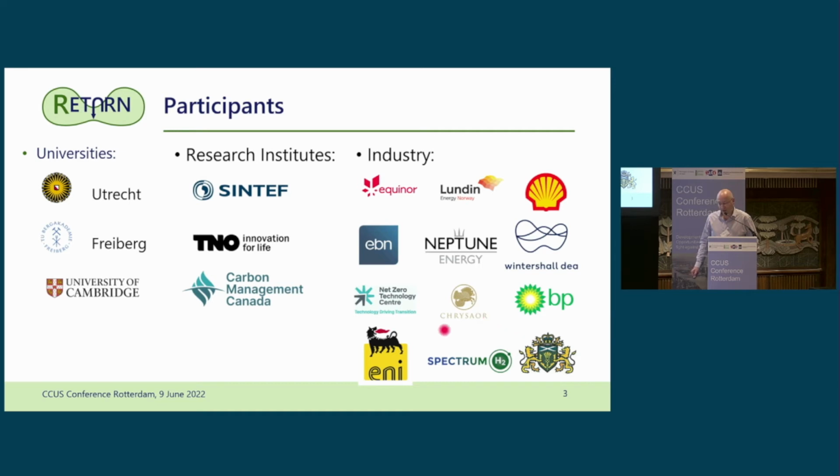We have Chrysaor, who now are called Harbour Energy, and we have BP. And from Italy/UK, Eni. And from Canada, we have two, one hydrogen company, Spectrum, and also a very small company in Calgary, which are working together with CMC.